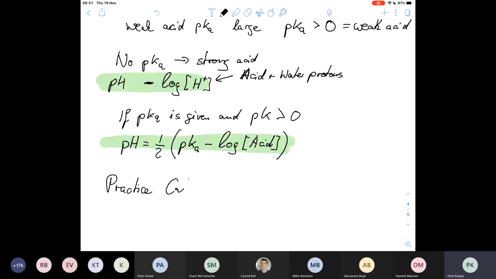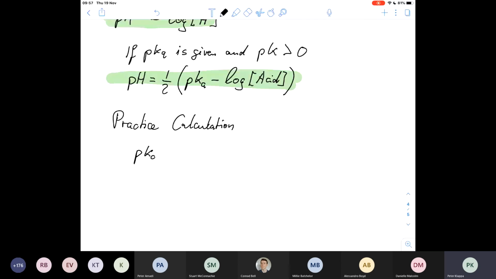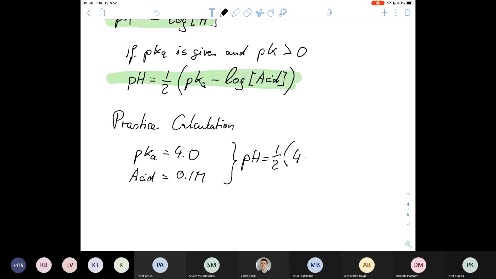So, for example, you might have a pKa equals 4.0. Your acid concentration is 0.1 molar, and the pH would be pH equals 1/2 of 4 minus log of 0.1.